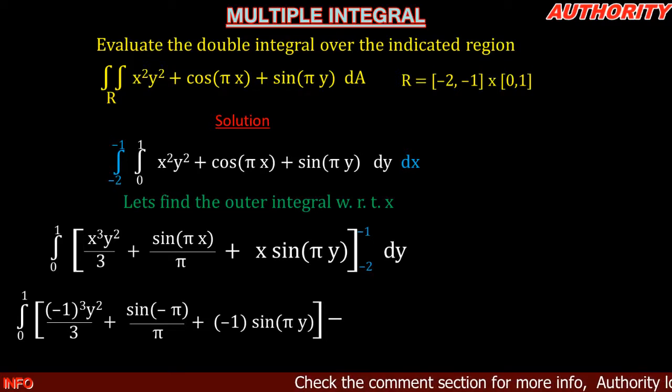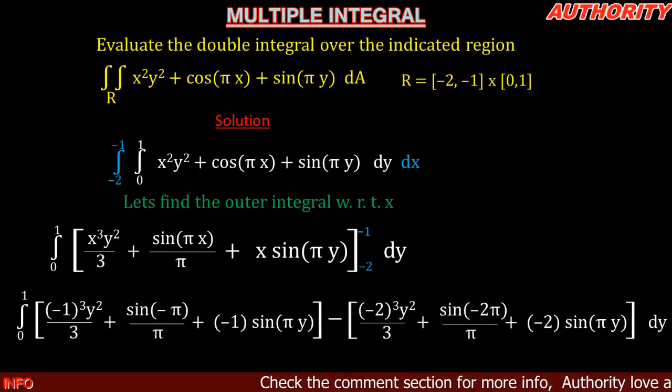Then plus, where we have x sine pi y, we replace it with -1 sine pi y, all in bracket, minus the lower boundary. So here we have (-2) cubed y squared all over 3 plus sine of -2 pi all over pi plus -2 times sine pi y, all in bracket, dy.